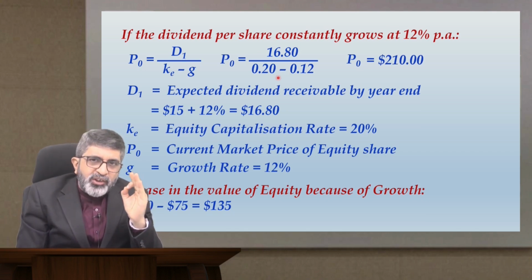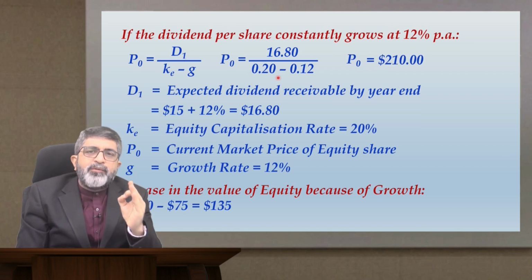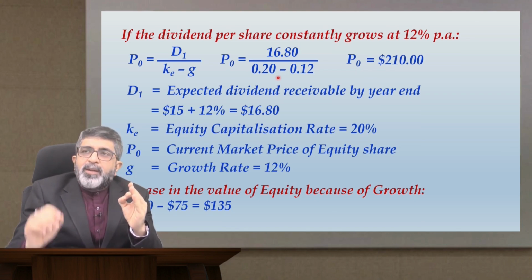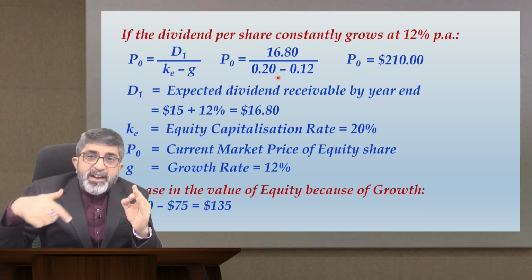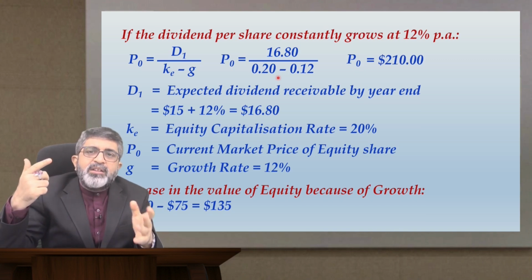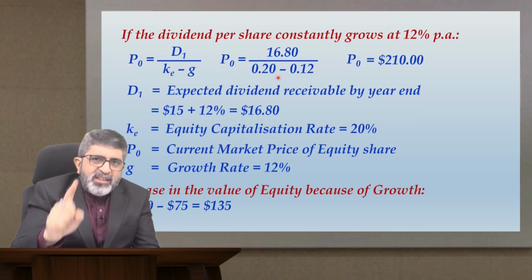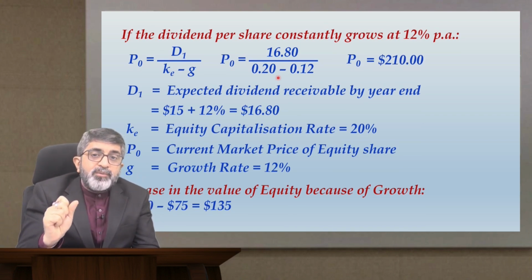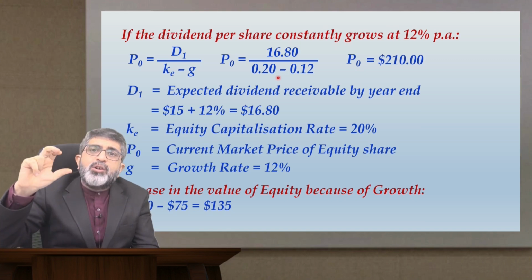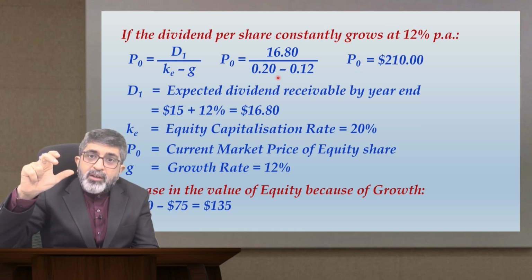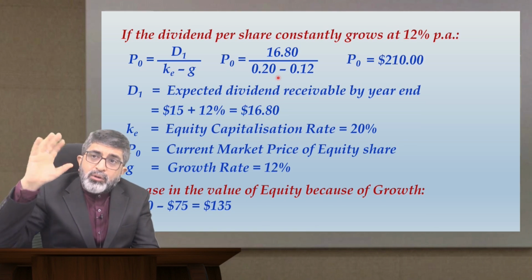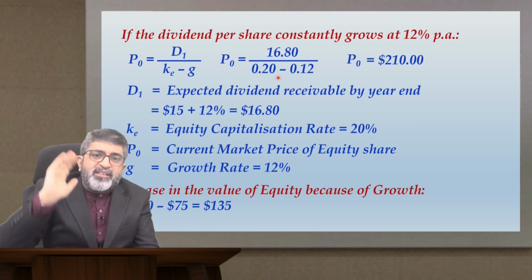So simple logic as a conclusion drawn from Gordon's model could be, as and when the growth rate in dividend goes higher and higher, the value of the share keeps on growing more and more. Now one thing that you should always acknowledge, the higher and higher growth would make growth rate to be at its max.